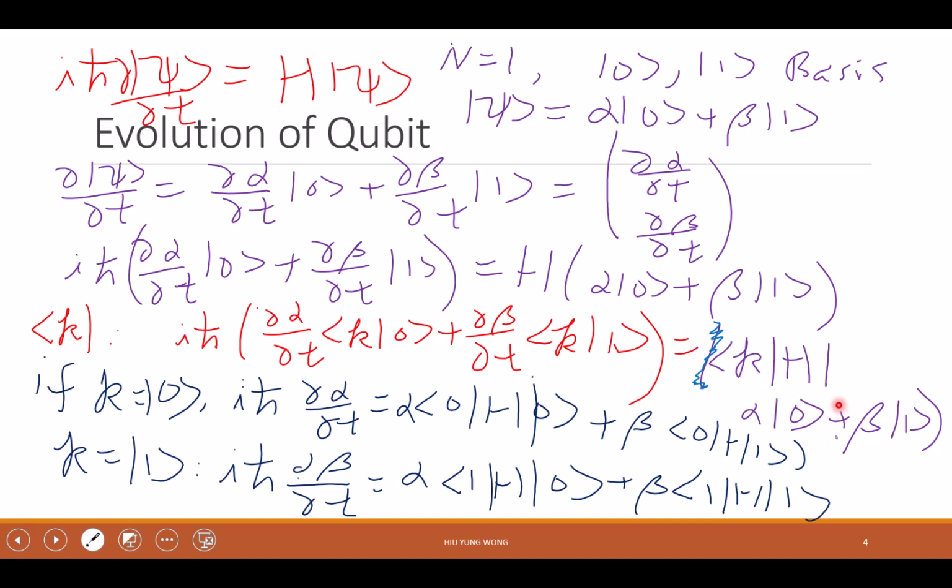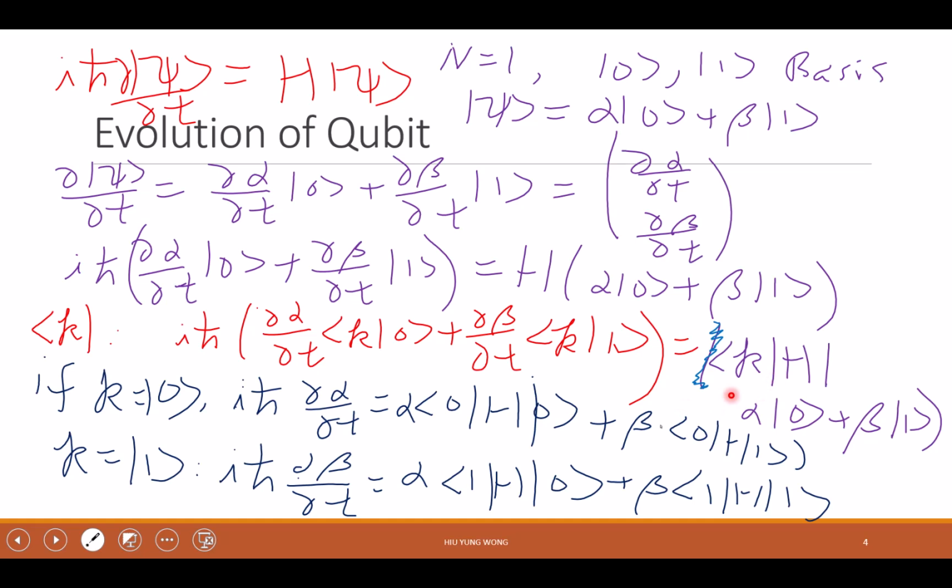Who is okay, please raise your hand. Who is not okay? Yeah, you really need to ask because you may see this in the exam, right? So I made the mistake last time. Last time I took the H out and then did the inner product <k|0>. I forgot that H is a matrix. I cannot do that.